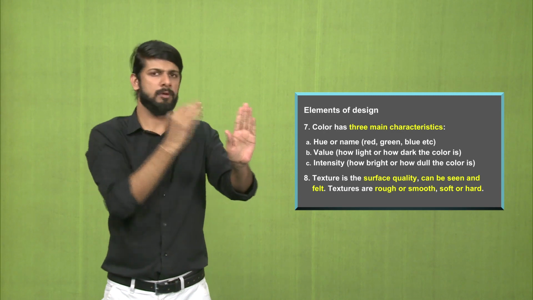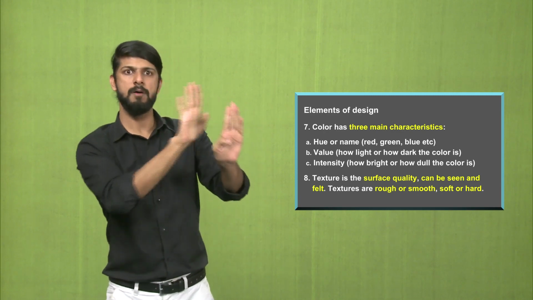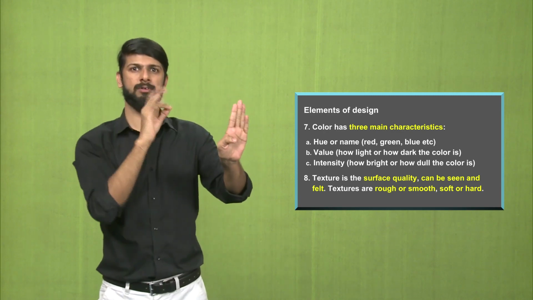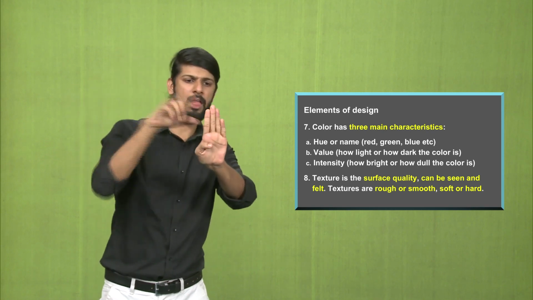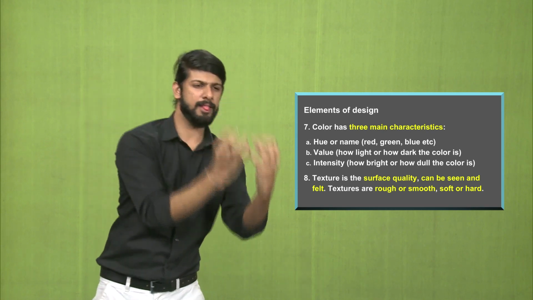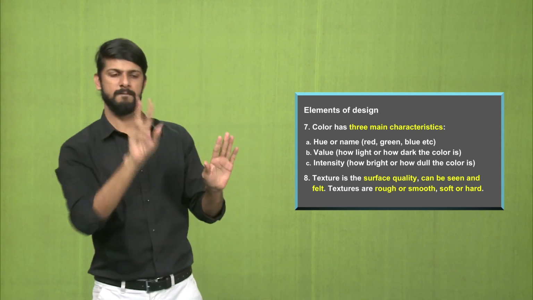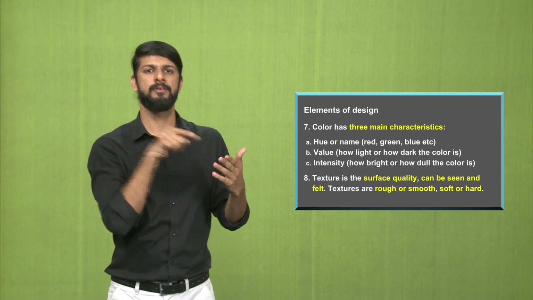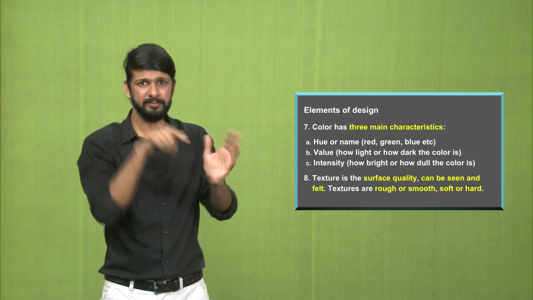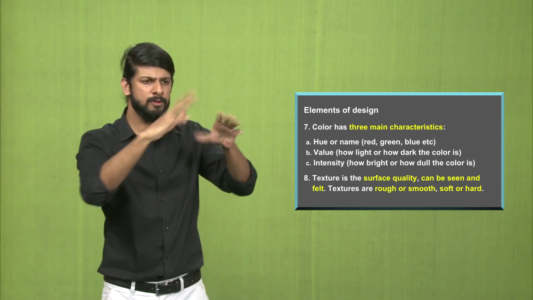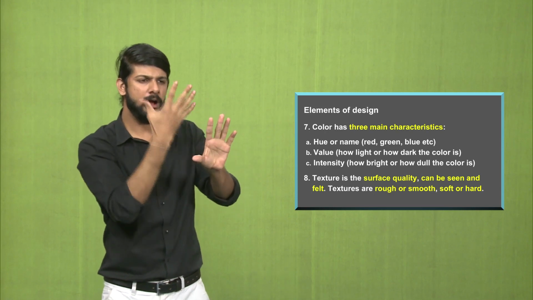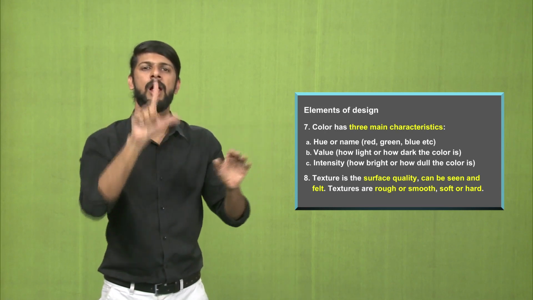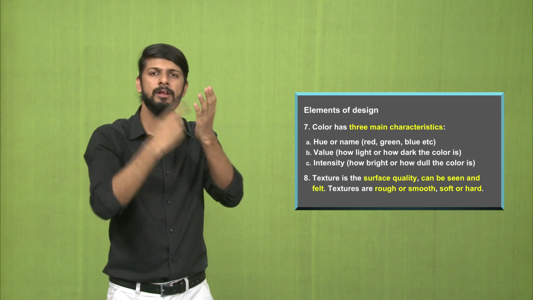After that is the value, which is how light or how dark the color is. Then we have the intensity. Intensity is the measure of the brightness or the dullness of the light.